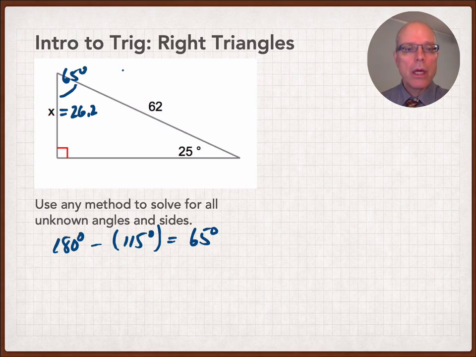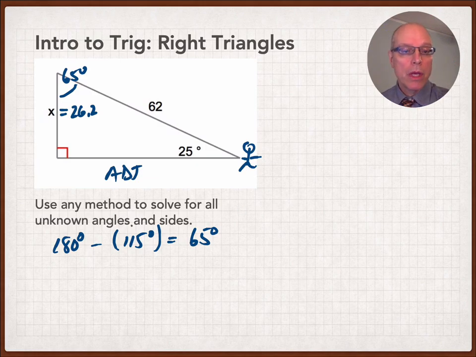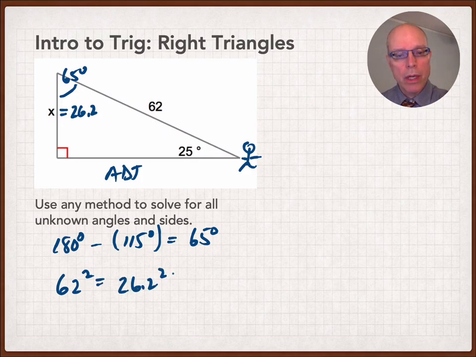Solved. Done. The other piece down here, though, is the adjacent. When we were standing right here, we said that the 26.2, the x, was the opposite. So what we can do is use the Pythagorean theorem. Remember, the hypotenuse here is going to be 62. So we can write that equation out: 62 squared equals 26.2 squared plus adjacent squared.